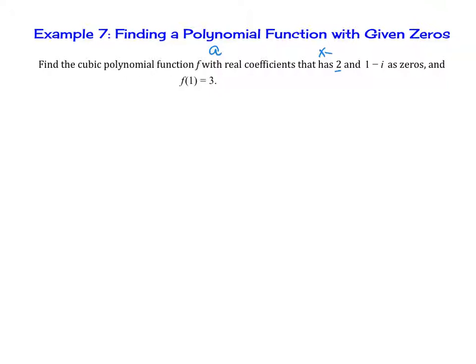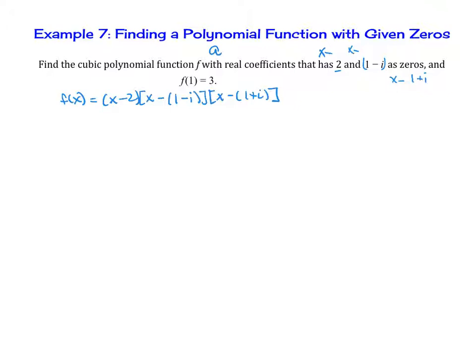So we have 1 minus i. We're going to have an x minus 1 minus i. And then the conjugate of 1 minus i is 1 plus i. So we're going to have an x minus 1 plus i. Let's go ahead and write that out. So we have f of x equals x minus 2, then the next one we write x minus 1 minus i times x minus the 1 plus i.